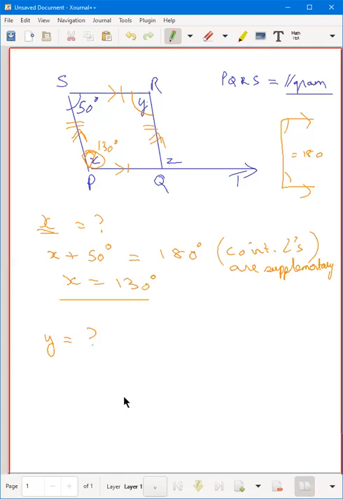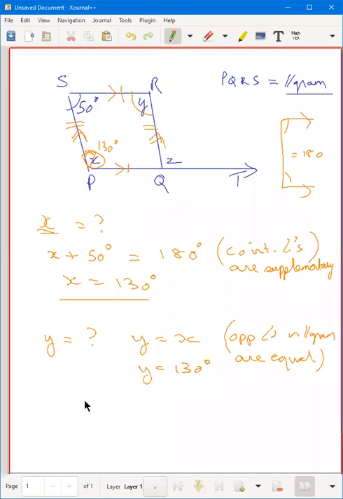How can we find Y, Sarah? Do you remember the properties of a parallelogram? Can you read them out? Y is equal to X, I think. What is the property? Opposite angles in a parallelogram are equal, so Y will also become 130 degrees, correct?